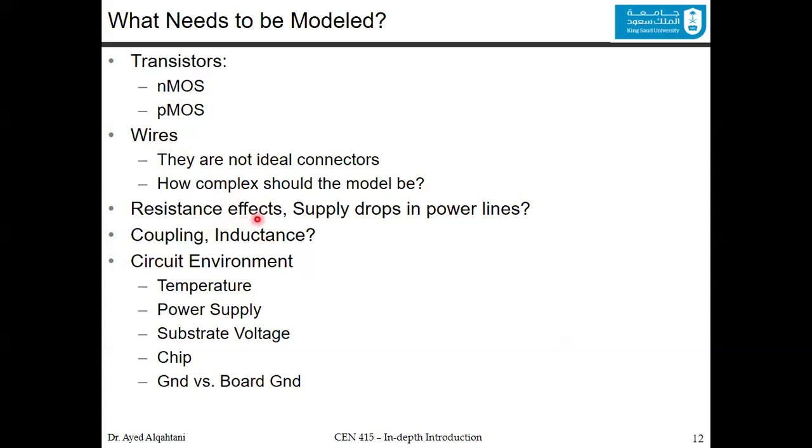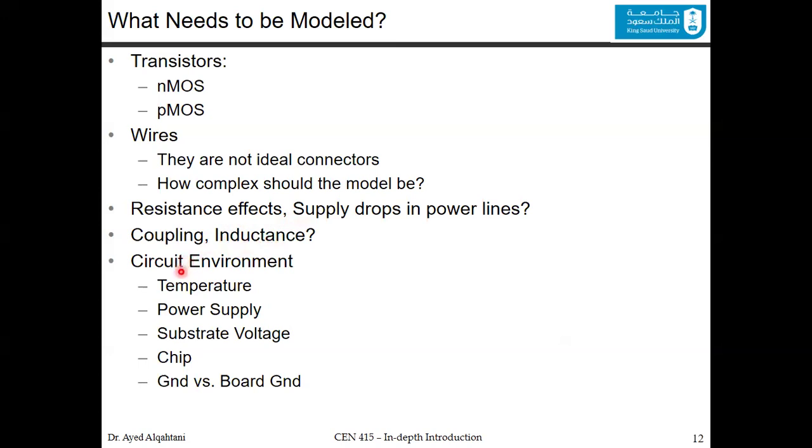Resistance affects the supply drops in power lines, for example. We will also model the coupling effect and the inductance, even though we are not going to approach the inductance much.